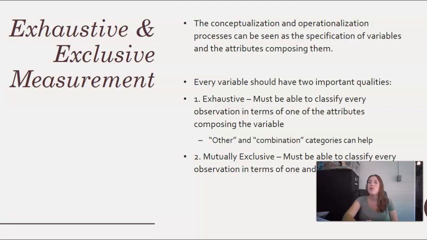Well, that's going to leave out a whole bunch of people because not everybody who gets sentenced gets either prison or a fine. They could also get probation. They could also have their sentence delayed. So there's a lot of different variations that go in there, and it's our job as researchers to make sure that we account for every possible answer.